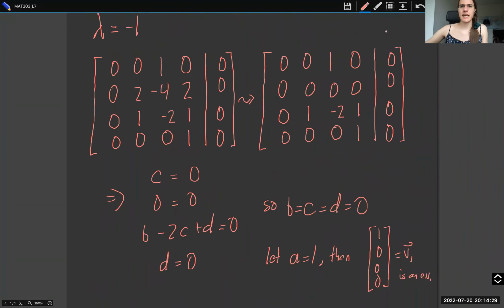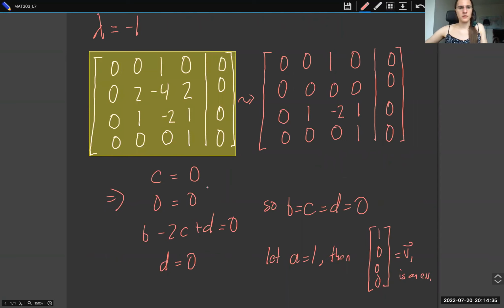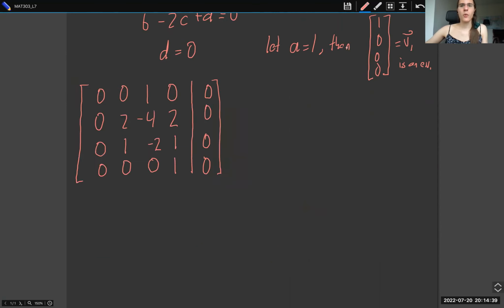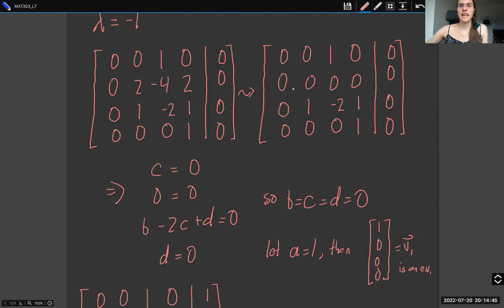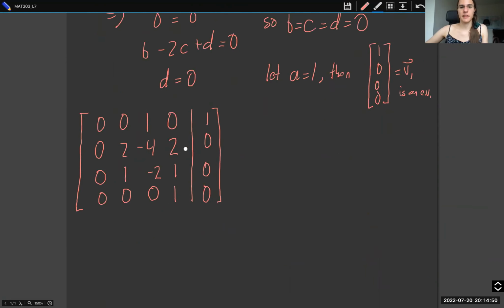So we're going to play this game a few more times. So now what we're doing is we're changing this 0 to be a 1. Now the same row reduction happens. We still have that this is a multiple of this.